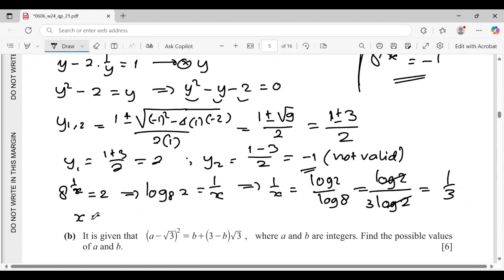So it means x equals 3, because 1 over x equals 1 over 3, so x equals 3.